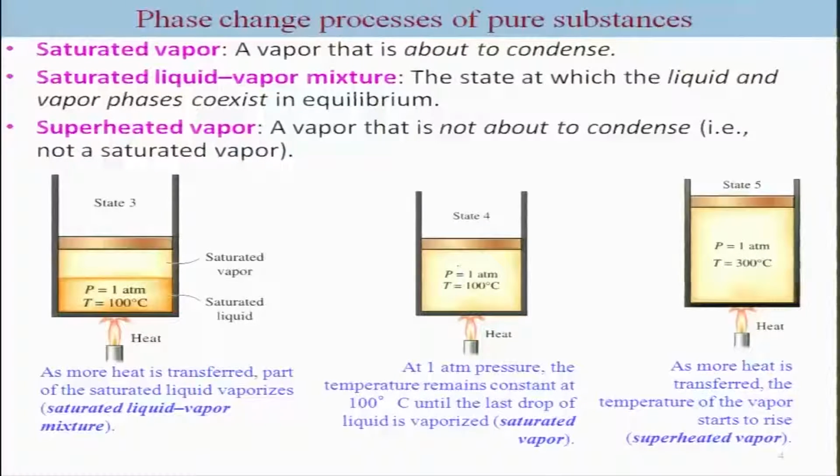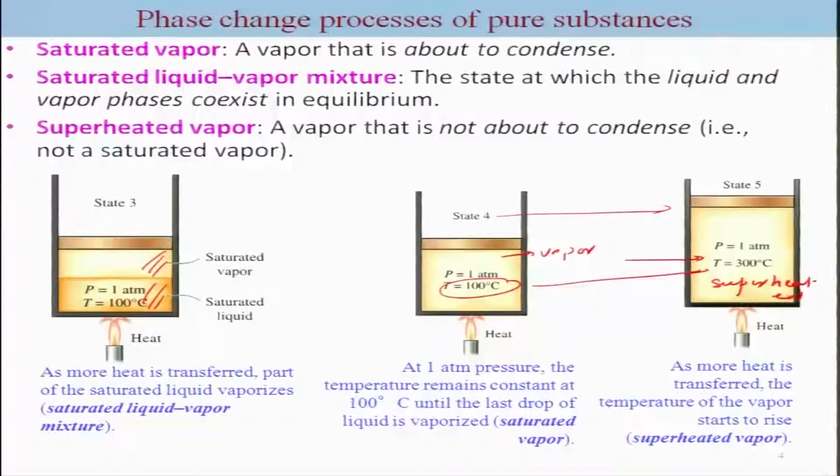At the intermediate stage you have a certain amount of vapor and a certain amount of liquid. If we provide more heat, the temperature starts increasing, because now this is vapor. So, this becomes superheated vapor, upon providing more heat.